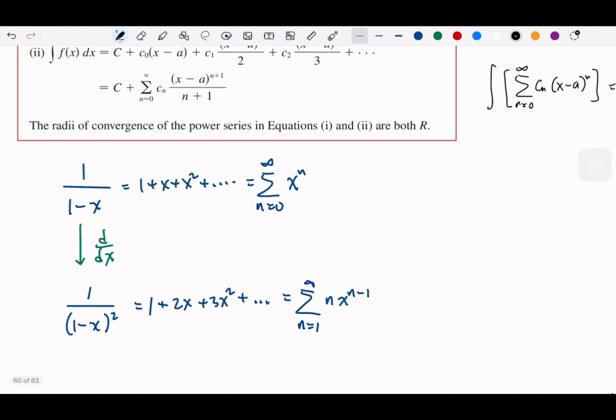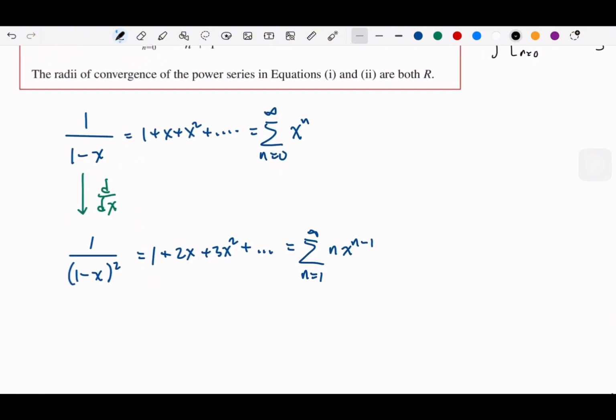So we can represent the new function 1 over 1 minus x with power of 2. And by the way, we can also replace the n by n plus 1 if you want to make the n start from 0, which is, I think, the very basic form.